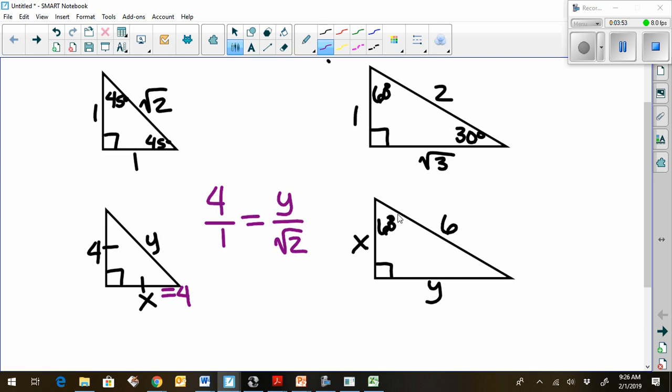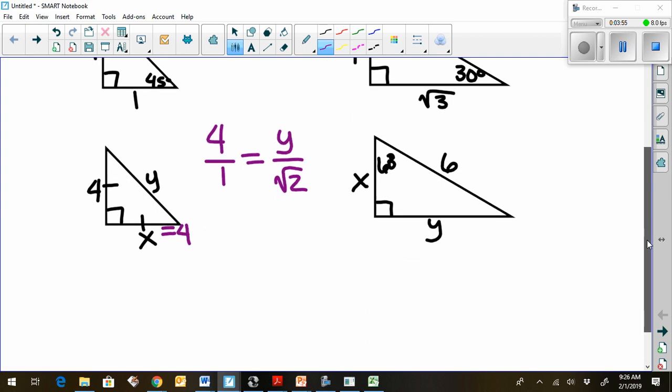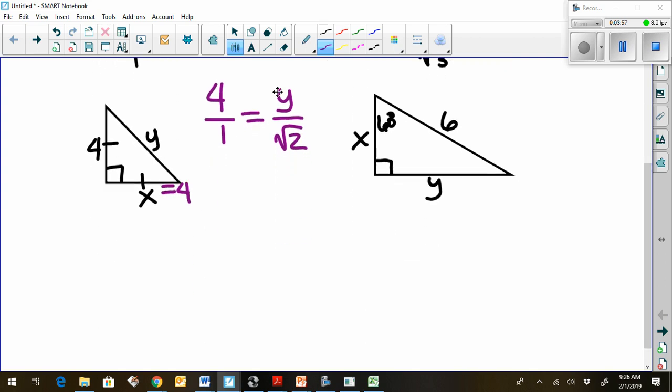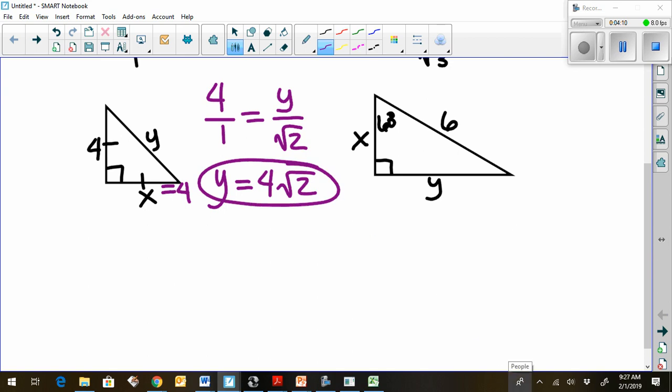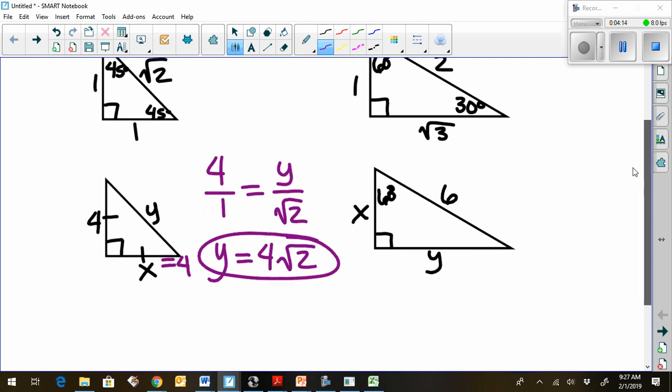And then we'll cross multiply to solve this. So 1 times y just becomes y, and y equals 4 times the square root of 2, because we can't do anything more with that. So we just answered both of those questions.